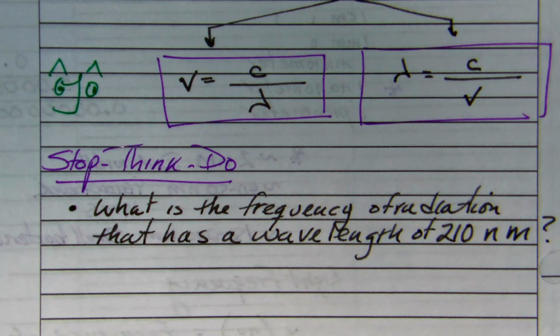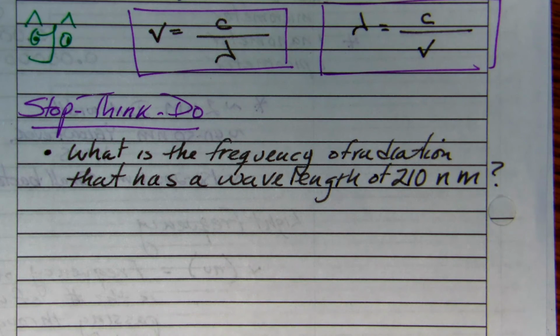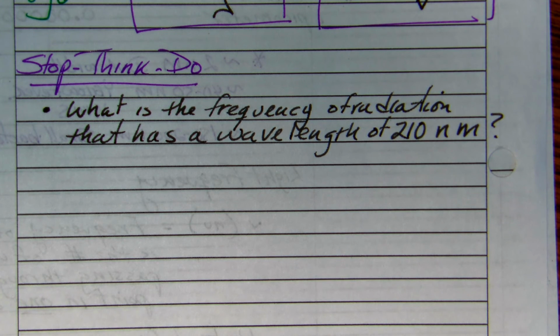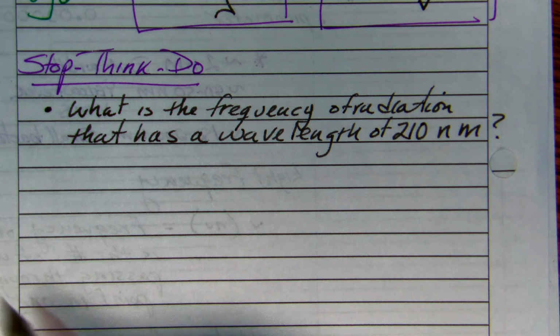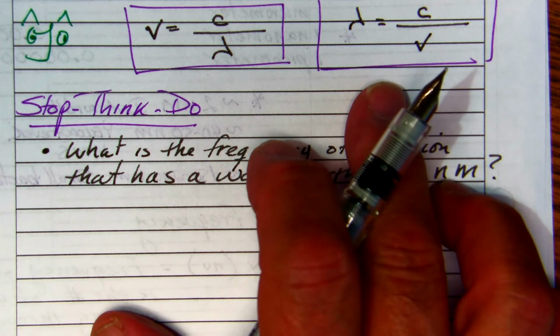Now, a suggestion on this is to please convert everything to meters. Nanometers to meters, the speed of light not in kilometers per second, but in meters per second. If you do that, all the math will work fine for you. So just as a word to the wise. Aside from that, everything should be straightforward in terms of using these two formulas to figure out the problems.